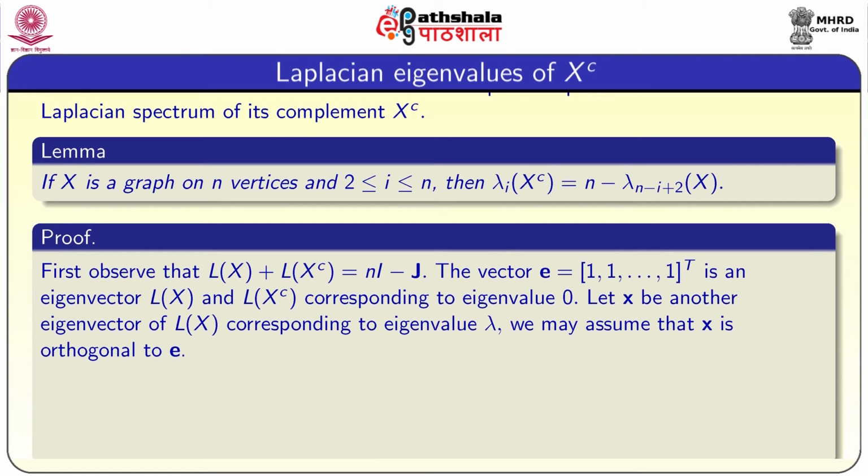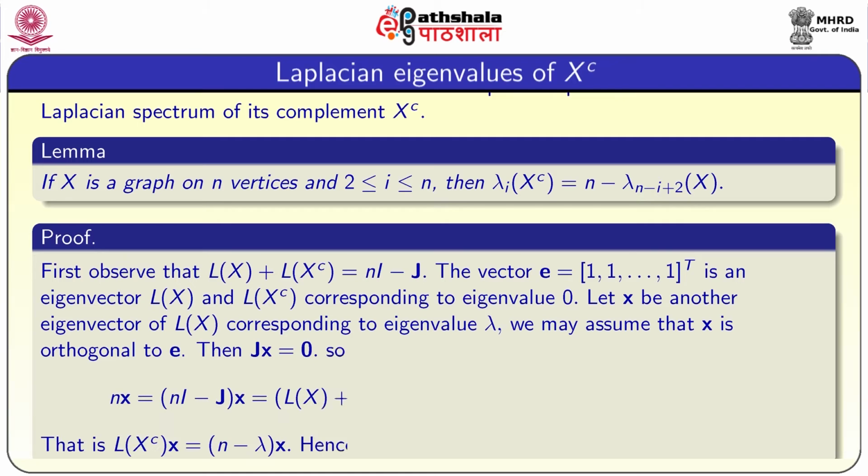Let x be any other eigenvector of L(X) corresponding to eigenvalue lambda. We may assume that x is orthogonal to e. That is possible because L is a symmetric matrix, so one can choose mutually orthogonal eigenvectors. So, we can choose an eigenvector x which is orthogonal to e.